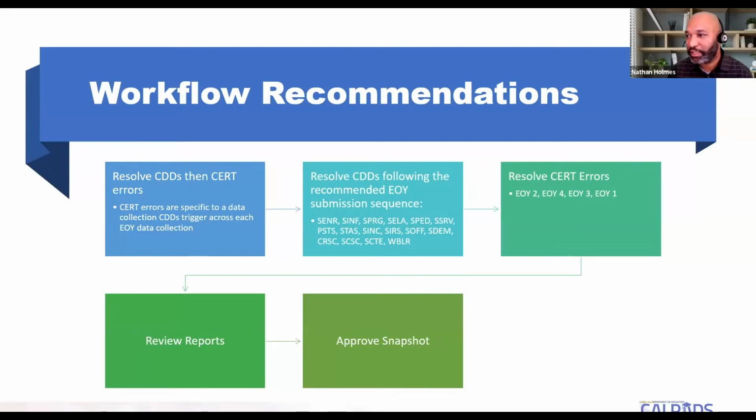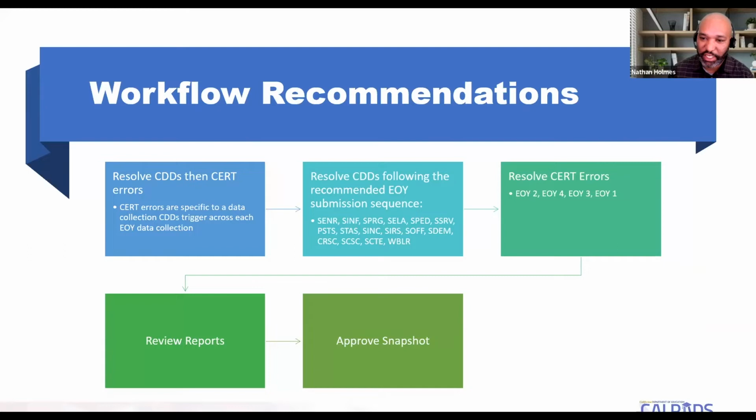If you have a student with disability that you're submitting course completion for, that student could possibly be in all 4 file types, and a student information CDD on that student will affect every report that student's listed in, okay? So I would recommend that you focus on the CDDs, then the cert errors, depending on, again, what can be resolved, what is not a known issue.